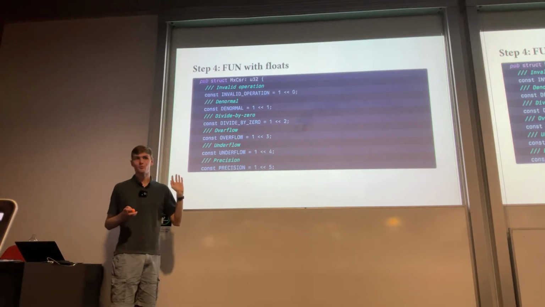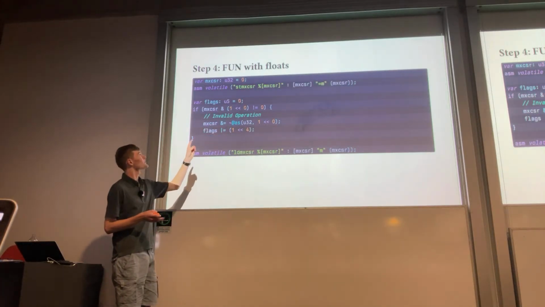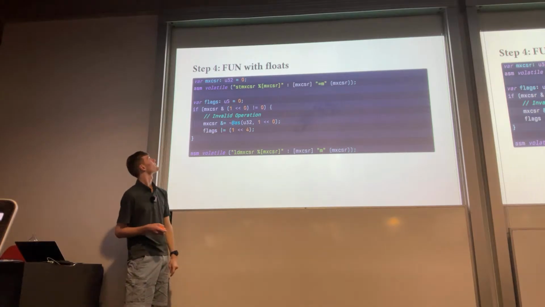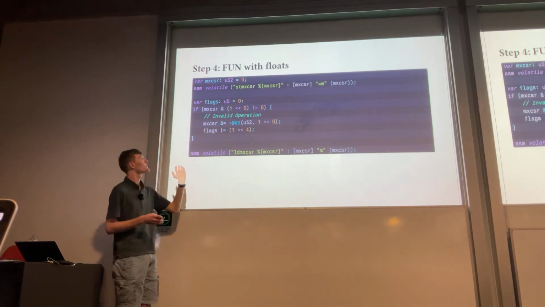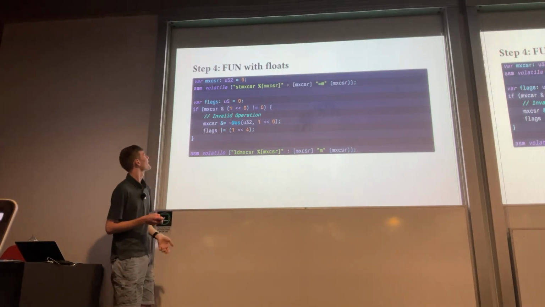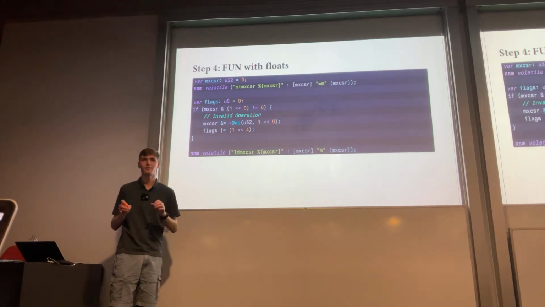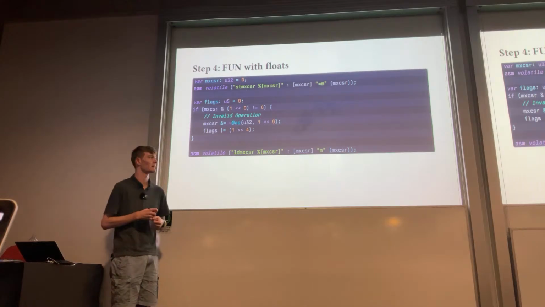But we can get the value from the MXCSR with a special assembly instruction up the top there, stmxcsr, and we can put that into a variable and then extract each flag one by one, zeroing it out as we go so that the next time we execute an instruction, the flags register is all clear.